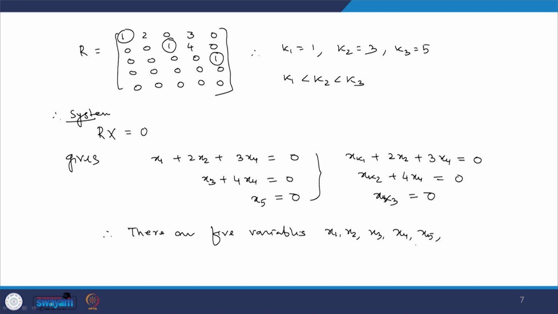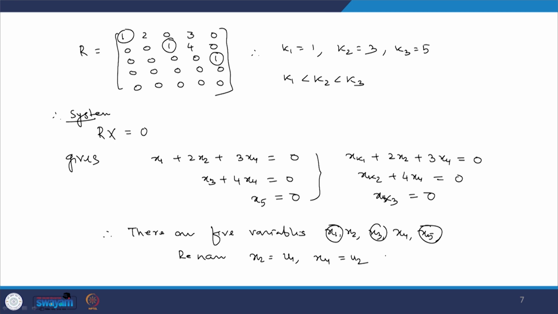Now, I see that this x_k1, x_k2, x_k3 we can express explicitly as a function of the rest of the variables. So, if I consider these 3 variables in one set and the others in another set, then I can rename, say, x2 equal to u1 and x4 equal to u2.